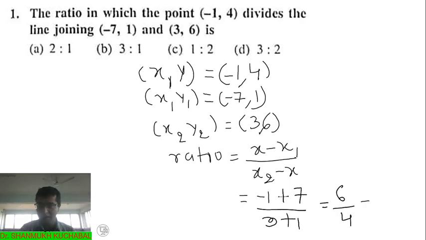If we simplify, we get 3 divided by 2, that is 3:2 is the right answer. Therefore option D is the right answer.